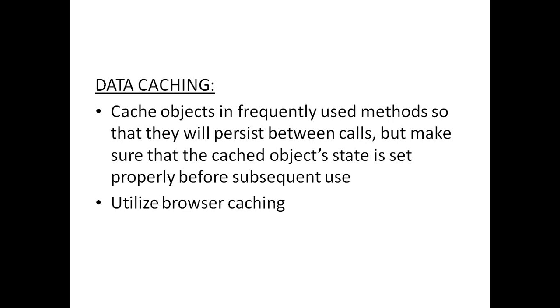Whenever you use an object or a session variable as a cache, identify the data that is less frequently changed and more frequently accessed, and keep it in the cache. But remember that you have to keep updating the cache whenever there are changes to that database table, otherwise you will have dirty reads and unsynchronized information.